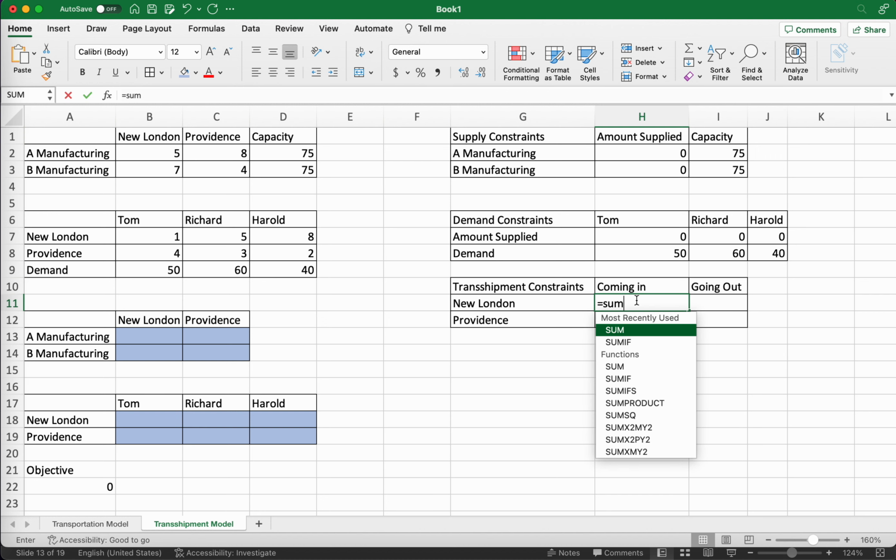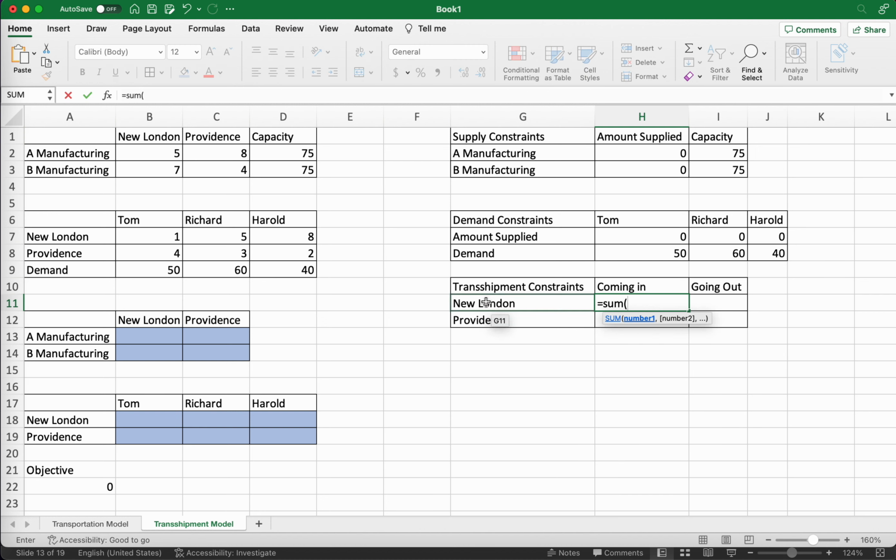The sum of all the supply coming into New London from the 2 manufacturing facilities should be equal to all the supply going out of New London to Tom, Richard, and Harold, right?